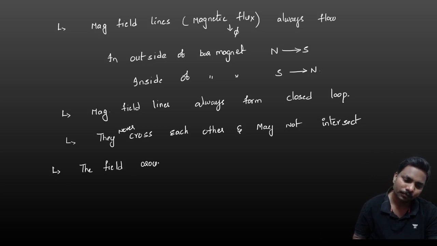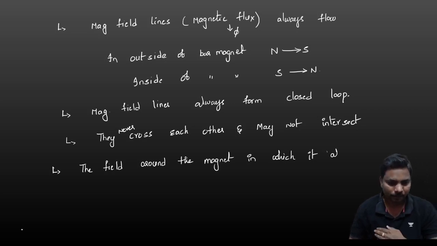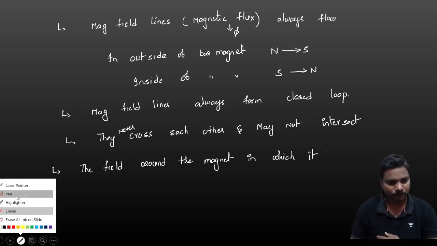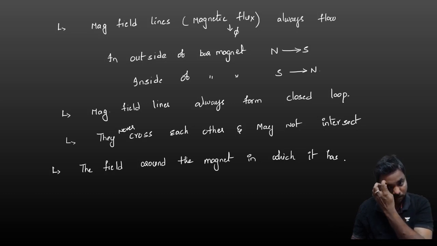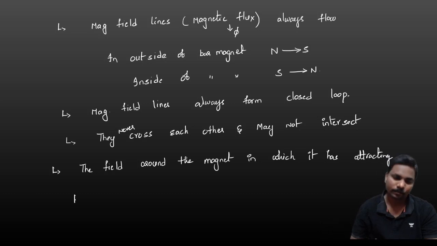The field around the magnet in which it has attracting property is called the magnetic field.